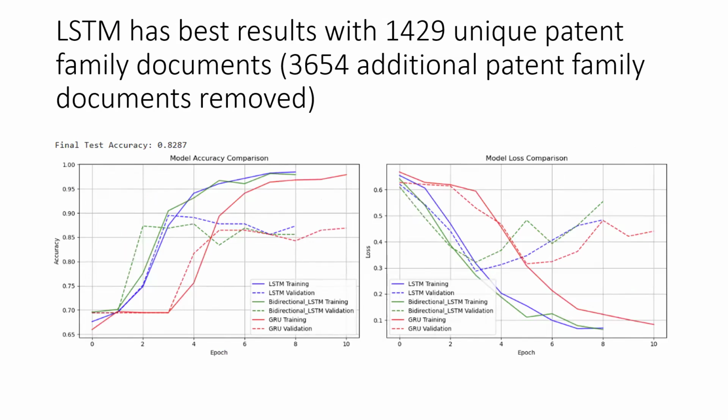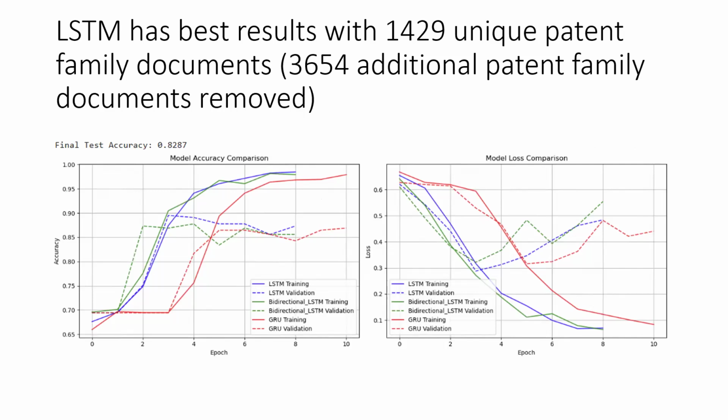So I decided to run the data set by reducing the size of my data set. And what I decided to do was remove the additional patent family documents. So in my data set of over 5,000 patent documents, there's actually something like 3654 documents that are additional patent documents.